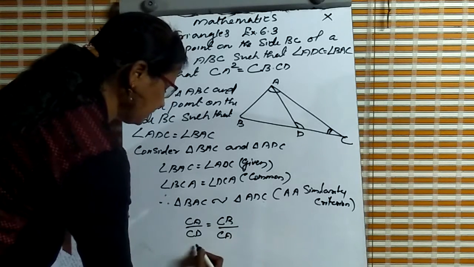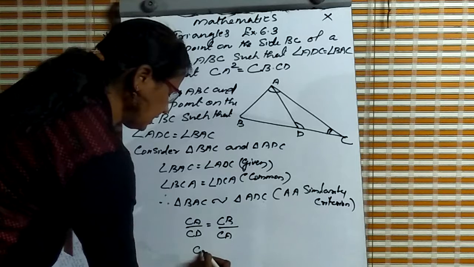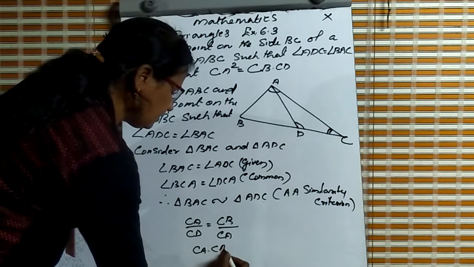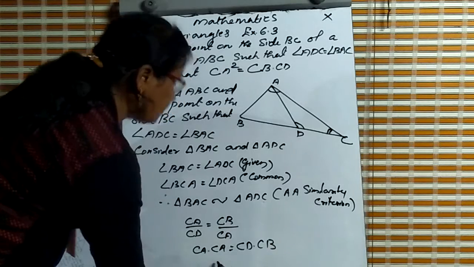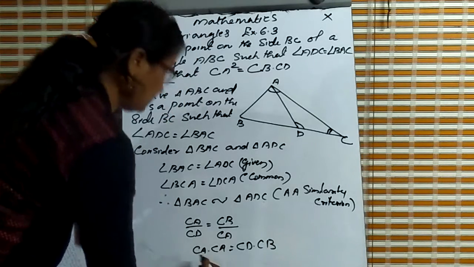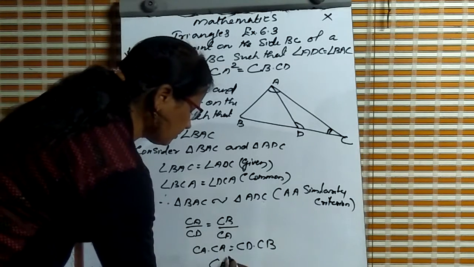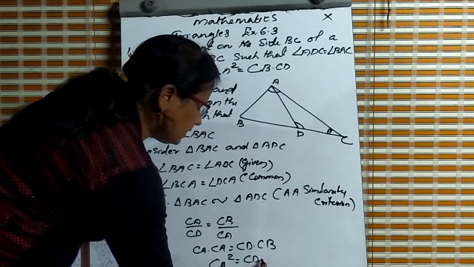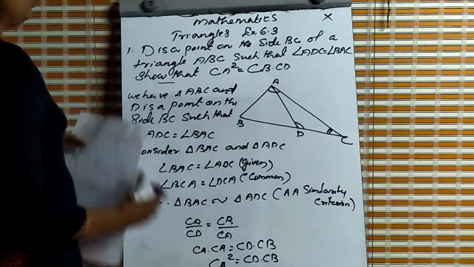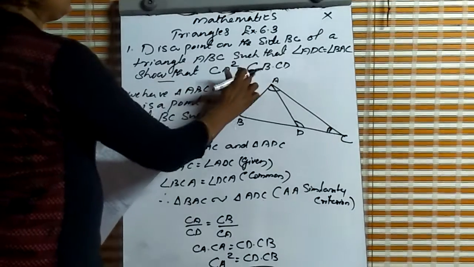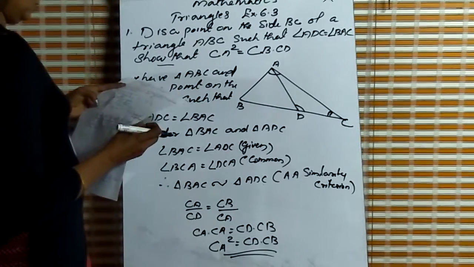Cross multiplication: CA into CA is equal to CD into CB. That is CA square is equal to CD into CB, which is equal to CB into CD.